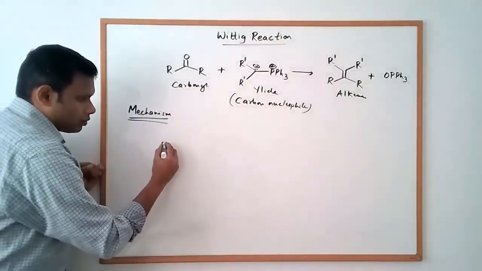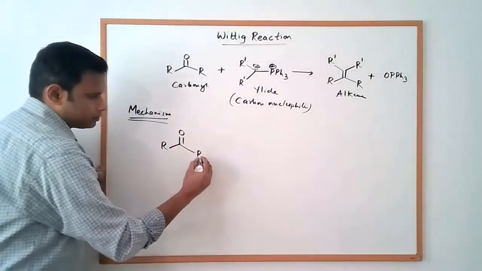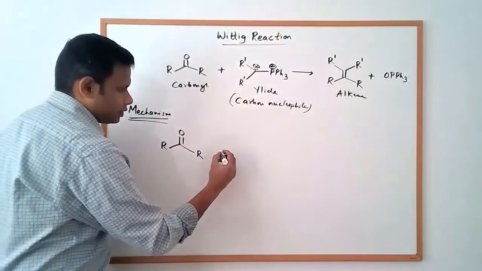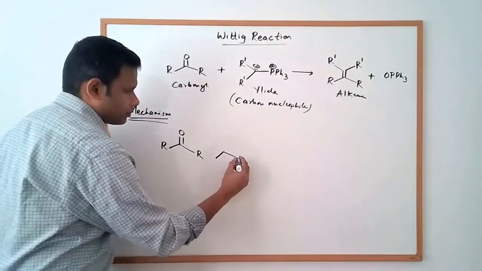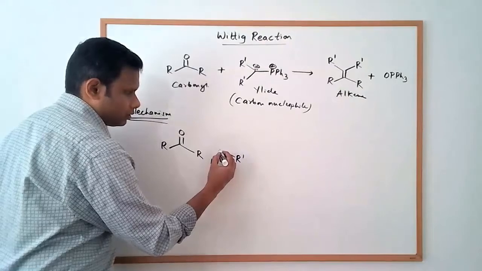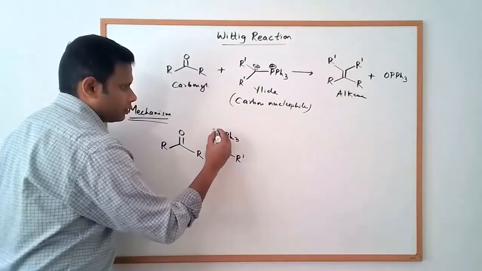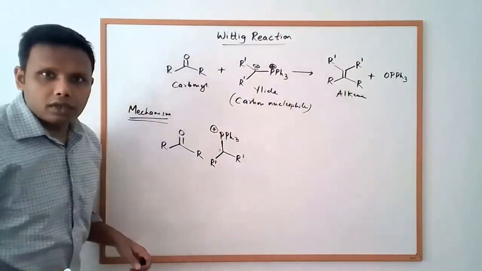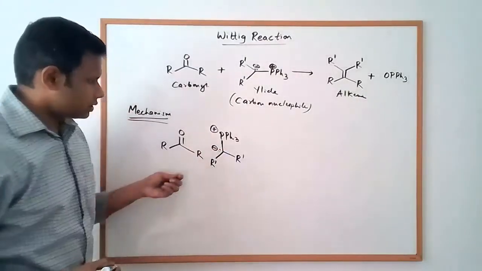So what you can imagine is that you have the carbonyl compound. This reacts with the ylid. So the ylid has the carbon with the negative charge on it, and the phosphorus is positively charged.